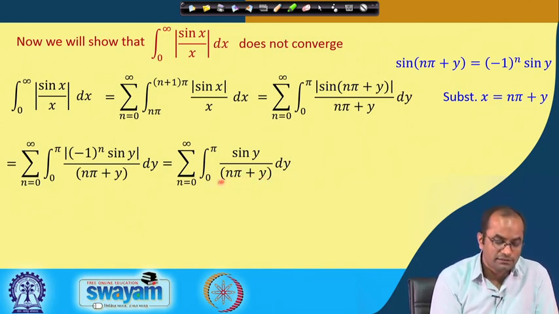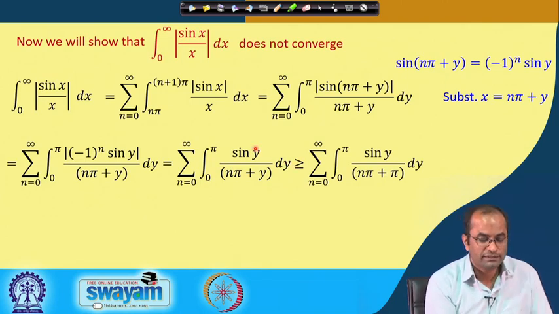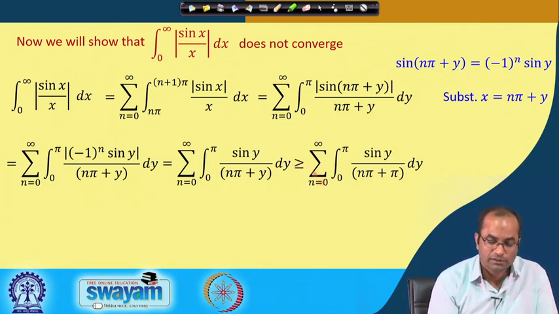So, in this case, if we take a look at this denominator, y for this integral takes values from 0 to π. If we want to make this integral smaller than some other integral, we can replace y by the larger value, since this denominator takes its largest value at π.